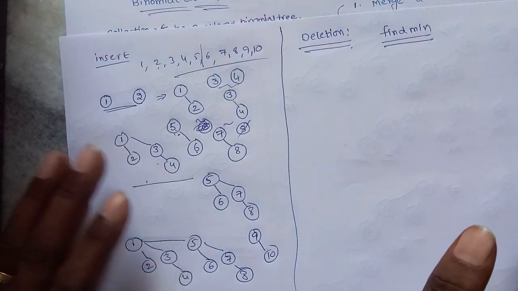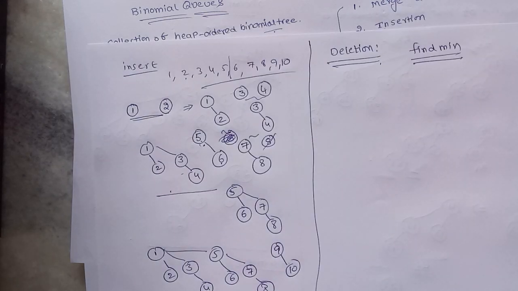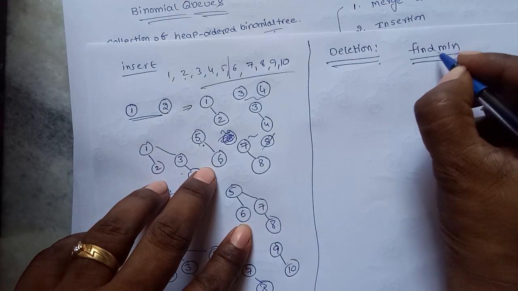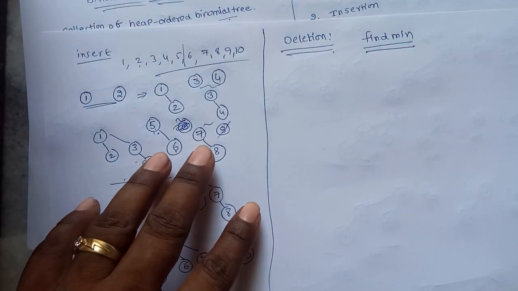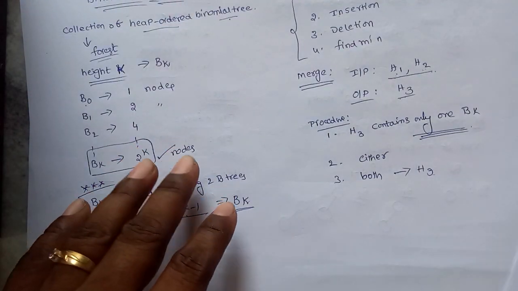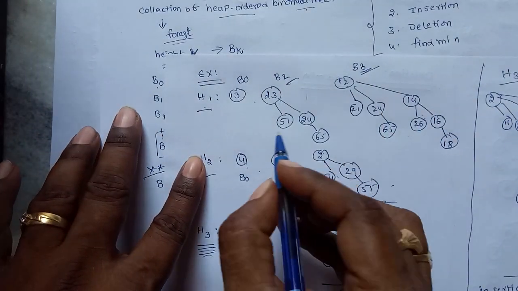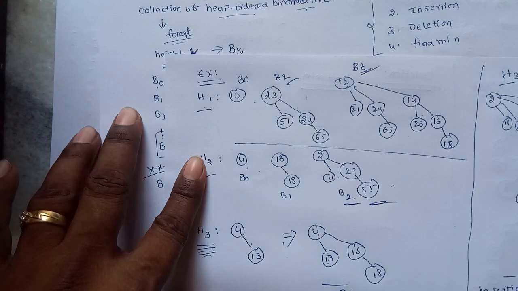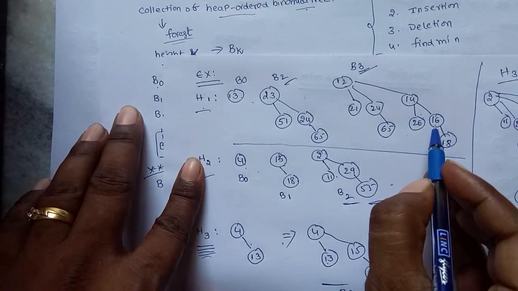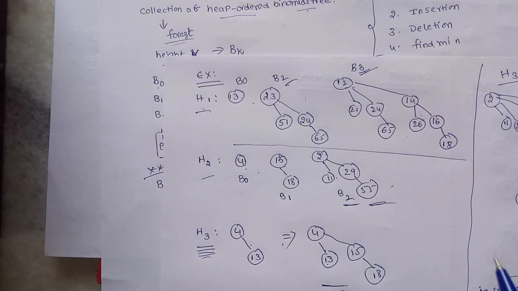What is the find minimum operation? It identifies the minimum element in the binomial queue. For example, suppose this is the binomial queue we have been given. In this binomial queue, identify the minimum element. That is where the minimal element appears.